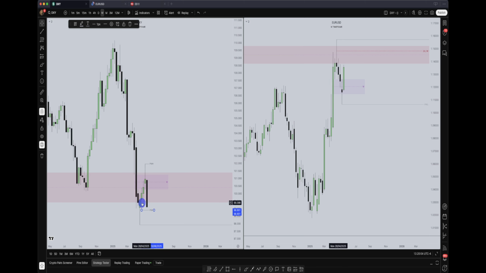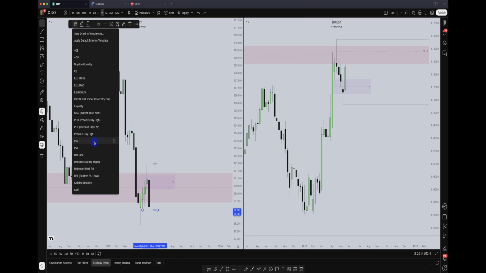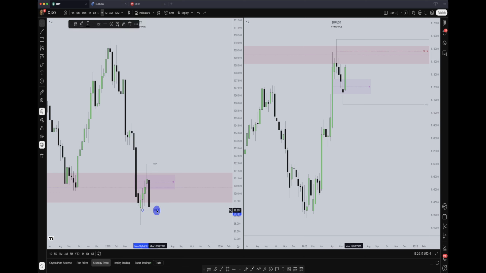See, this was a previous week low, this was like 1, 2, 3, no, 4 weeks ago. But this is a sell side liquidity level. So I mark it also. So this is my range for the next week.